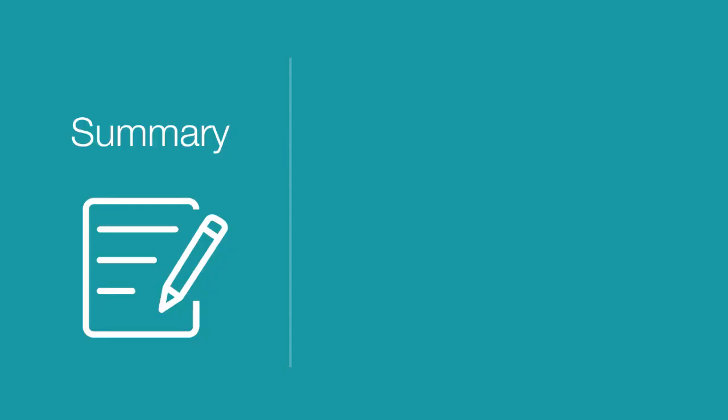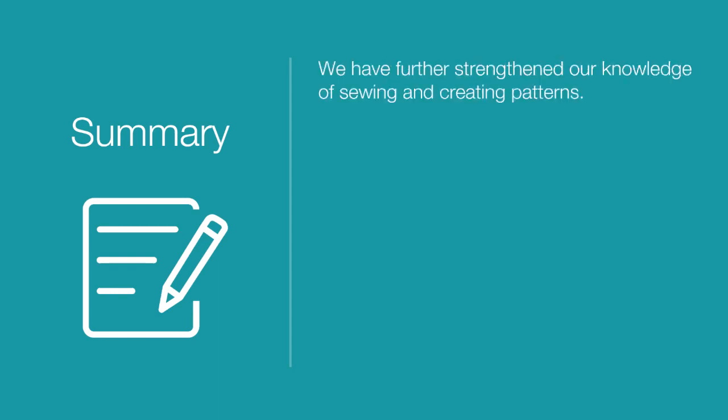And before we move on to the next module, let's quickly go through what we have learned throughout this one. We have further strengthened our knowledge of sewing and creating patterns, and also learned how to manipulate the seam lines, moving them and making them longer if needed, and so on.